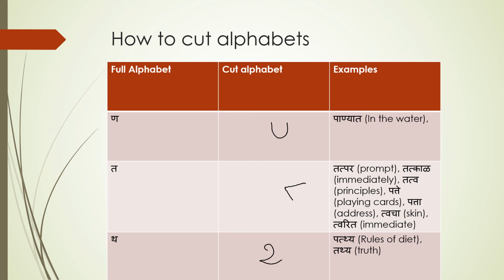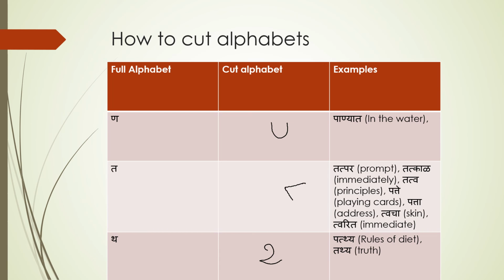Then the next one is N. Here the standing line is missing, the standing line is missing, and the standing line is missing again. So for N, the example is panyat. For T, the example is tatpar, tatkal, tatva.